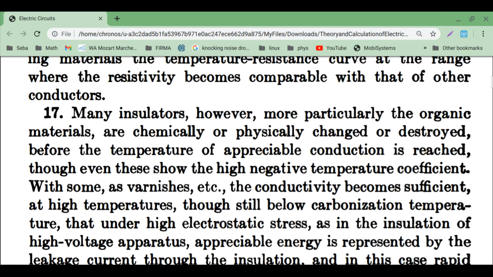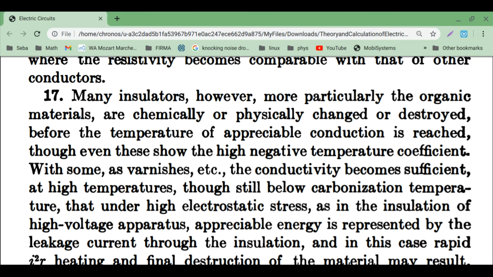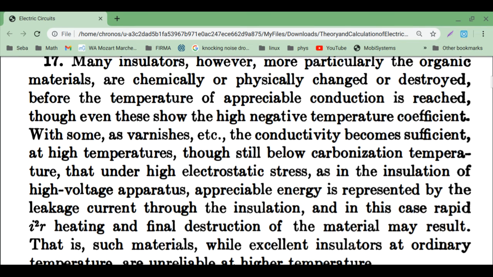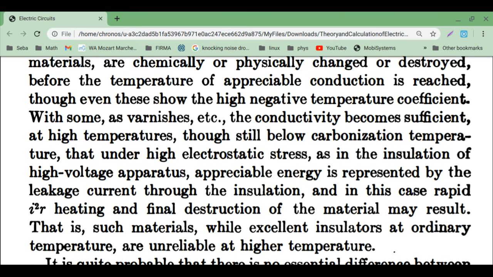17. Many insulators, however, more particularly the organic materials, are chemically or physically changed or destroyed before the temperature of appreciable conduction is reached. But even these show the high negative temperature coefficient.